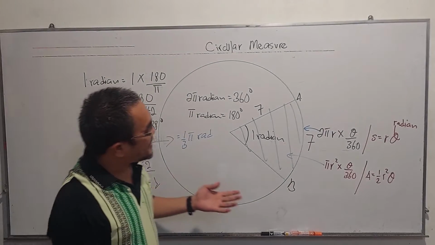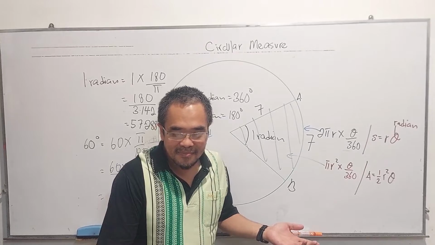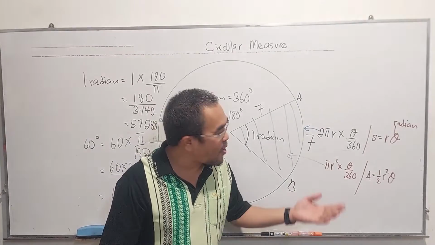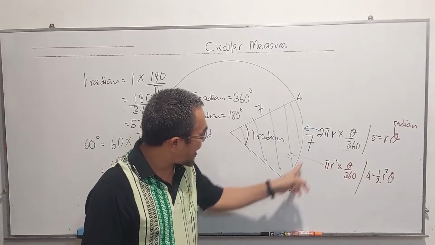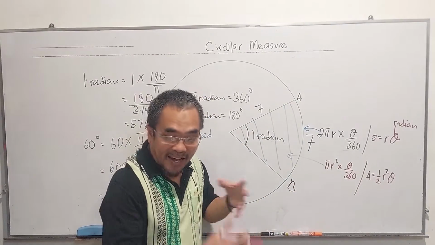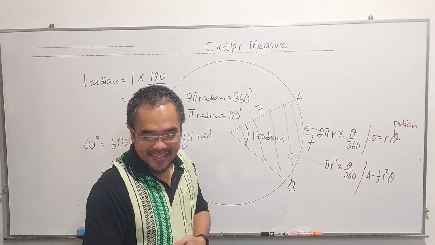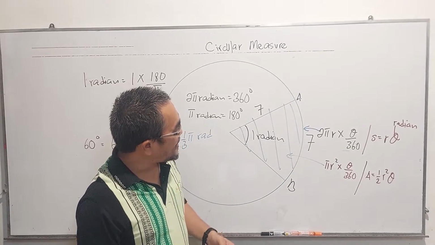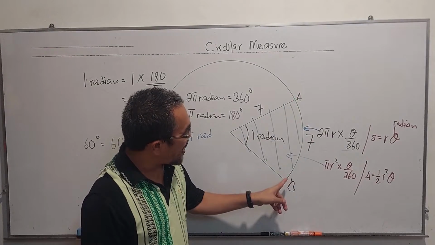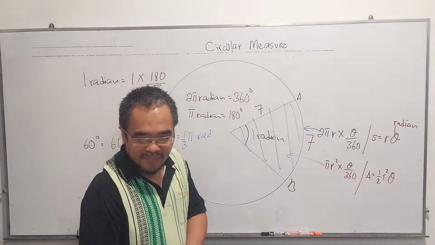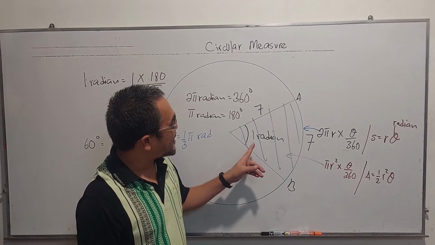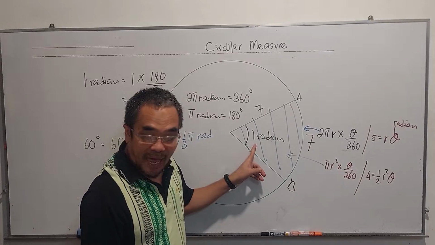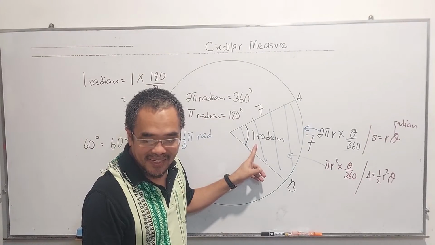So what other thing is important here? Just to find all the values. Let's say you want to calculate, and they don't give you everything directly. For example, they give you that the length of arc is 7, and then they tell you that the angle is 1 radian.